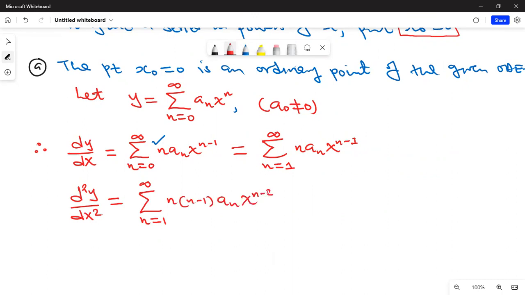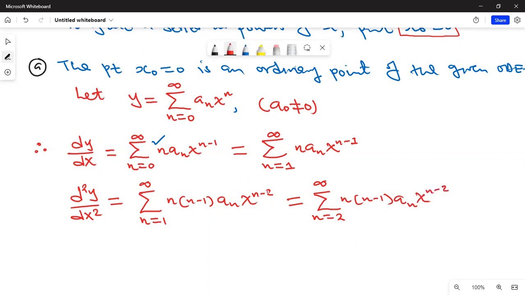Power rule of differentiation. Again, look at here. The first term of this series, if I put n equals 1, I'm going to get 0. So the first term is 0, so I can start from n equals 2 going onwards. So this is the same as writing the sum from n equals 2 to infinity of n minus 1 a subscript n times x raised to n minus 2.